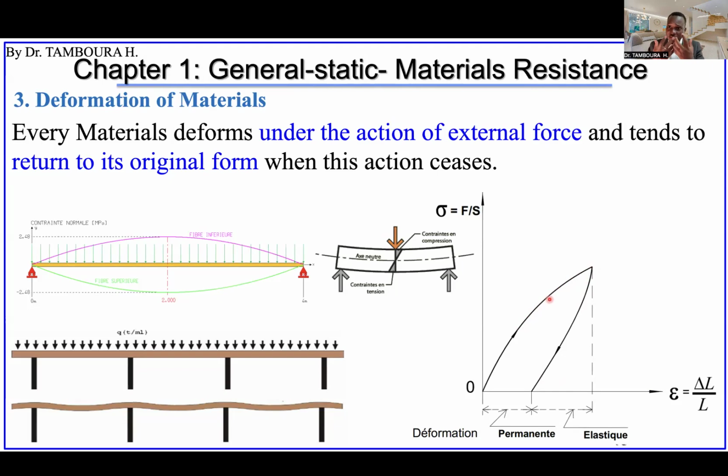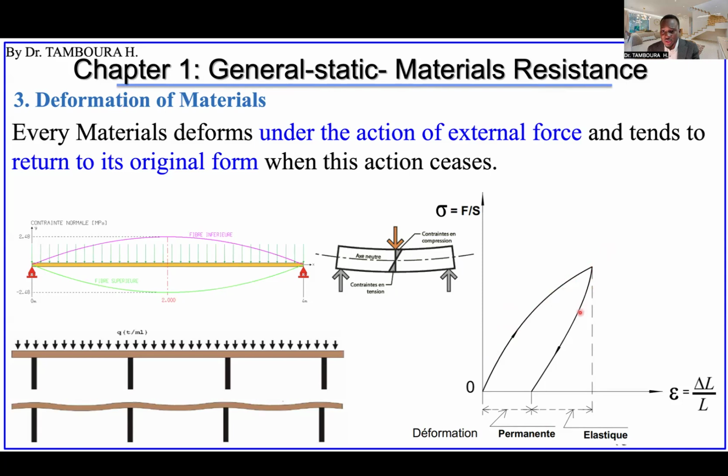Sometimes if you take plastic and you pull it until a certain point where the plastic deforms with large deformation, if you release your force, maybe the plastic will try to regain its original form, but it will not be at the same speed as when you were pulling or deforming it.